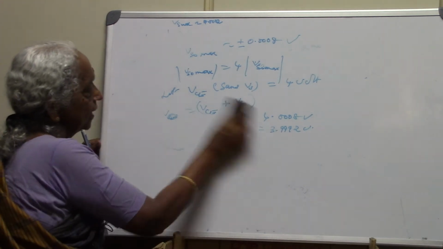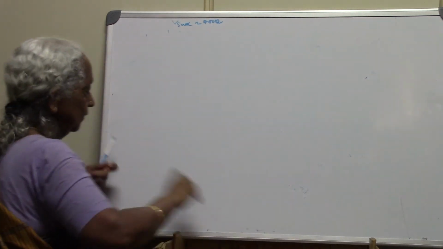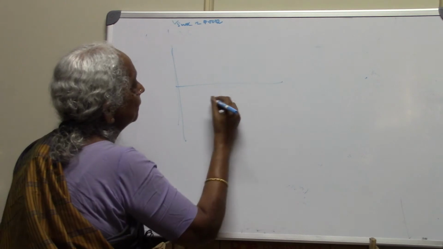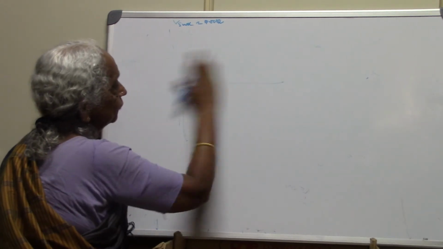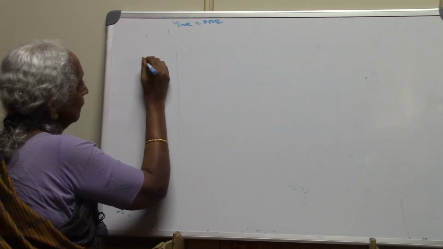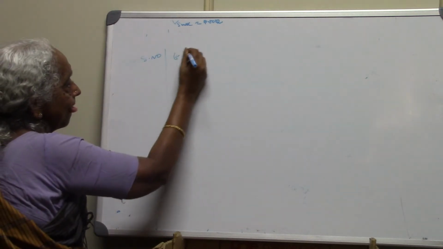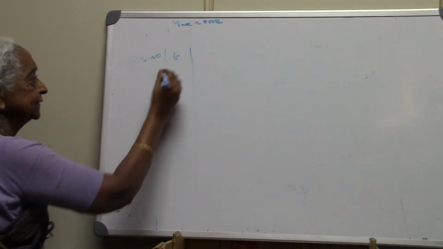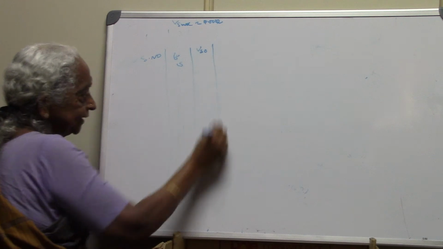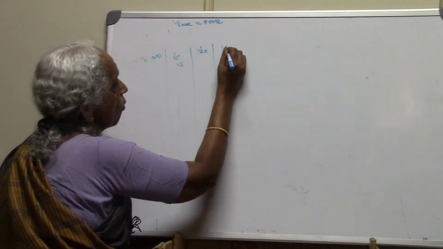You can draw a graph between time and output. You first have to formulate a tabular column: serial number, then time in seconds, then VSO, the output signal, and how it varies, and then VO effective.